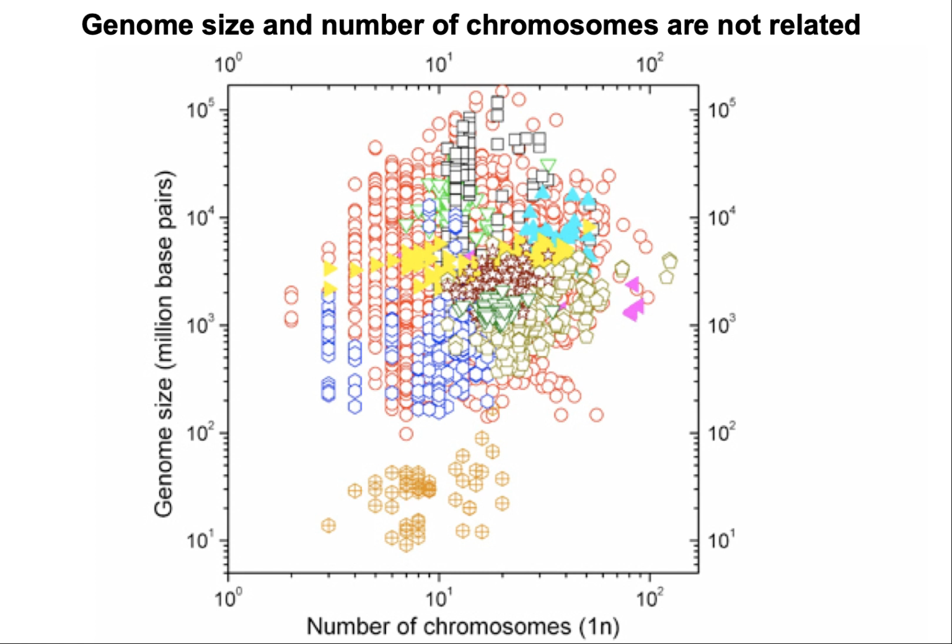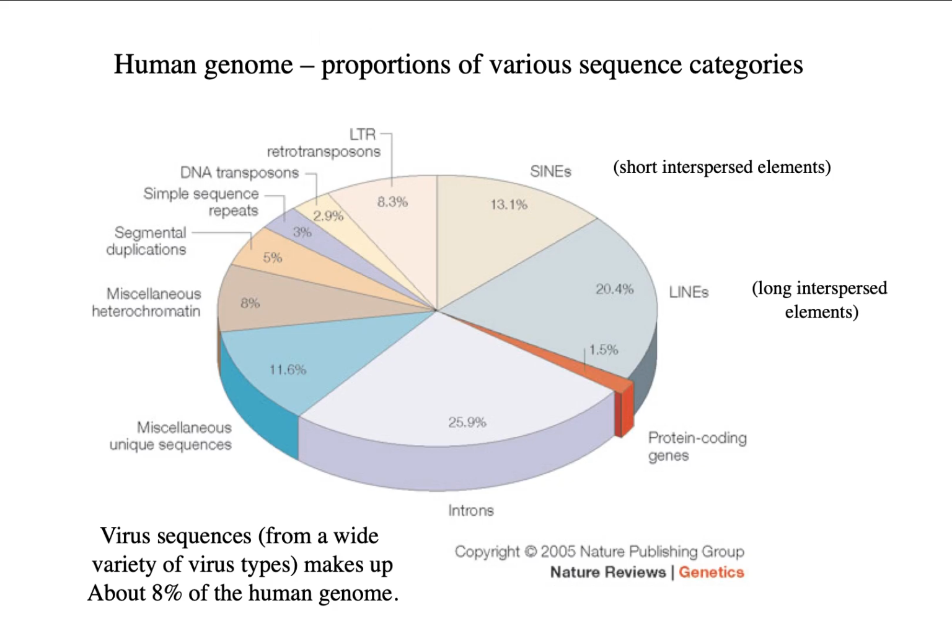Chromosomes, you can have a large genome with a few chromosomes, or a large genome with thousands of chromosomes, and vice versa. Molecular methods have been able to sort this out a little bit so that only a small percentage of the human genome, 1.5% there, are protein encoding genes.